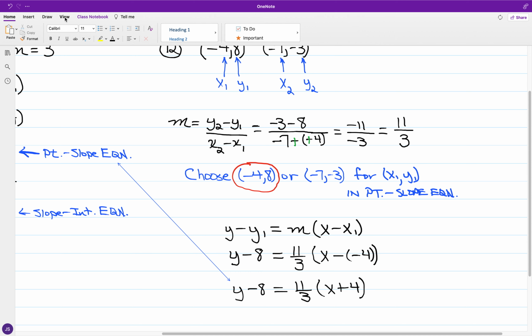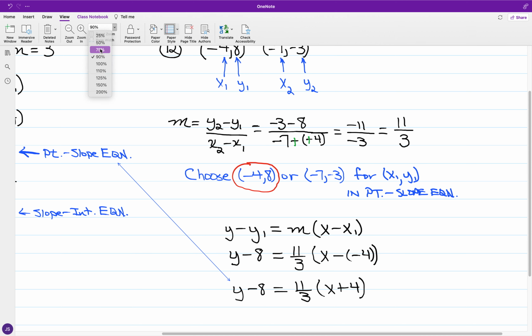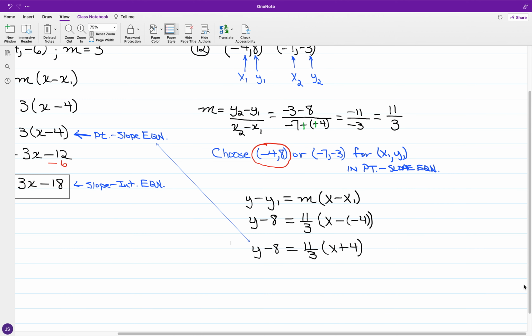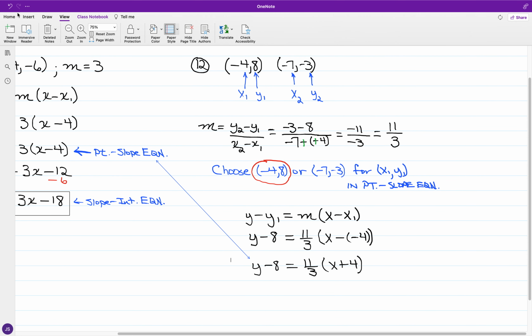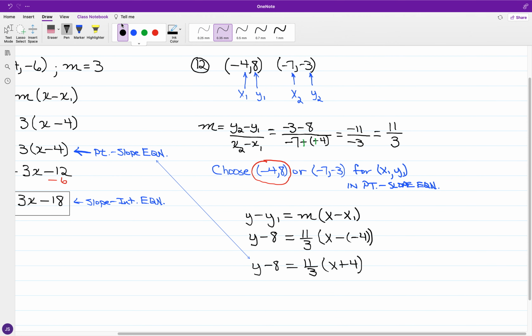And now the follow-through. Looking at distributing on the right-hand side, we have y minus 8 is equal to 11/3 times the quantity of x plus 4, so this will be 11/3 of x plus 44/3.